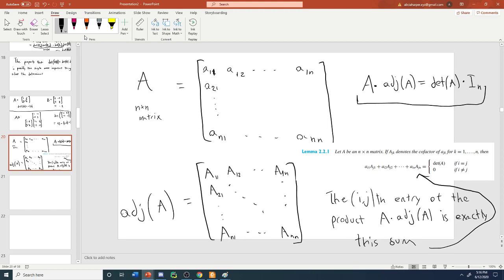So this tells us that for these entries, when i is not equal to j, we get 0. And when i is equal to j, we get the determinant of A.